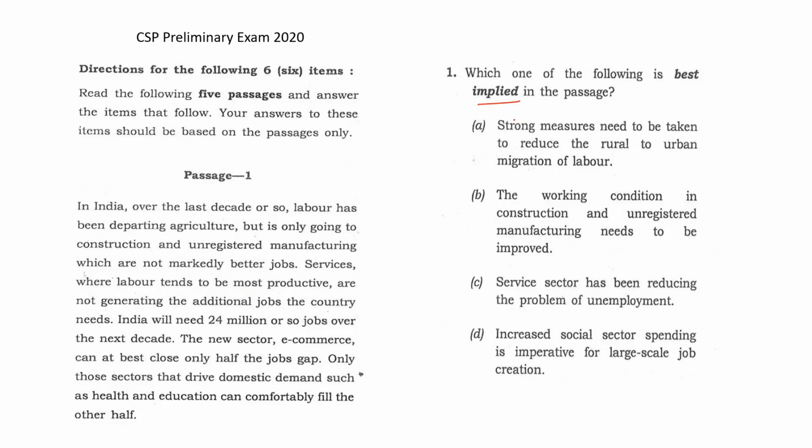Okay, so the keywords are India. It is about India, and it is during the last decade, labor is departing agriculture and going where? Construction and unregistered manufacturing, which are not better jobs. The jobs in construction and unregistered manufacturing sector are not better jobs.